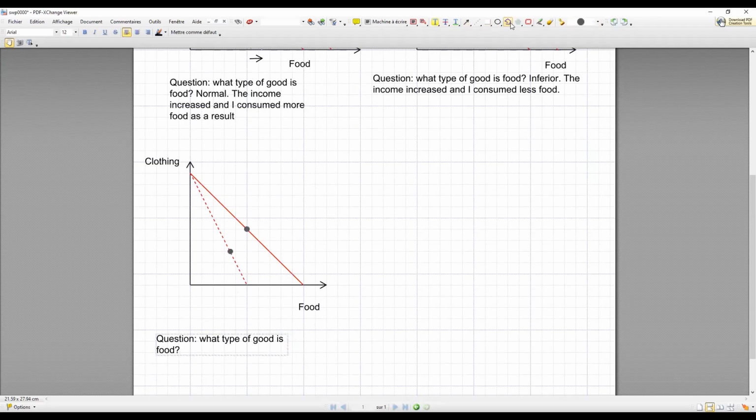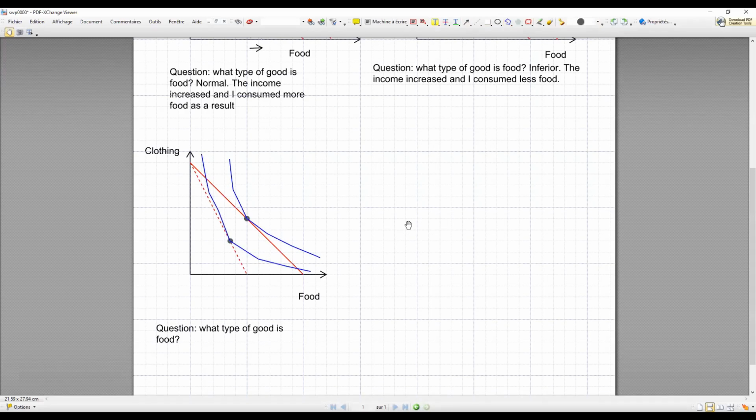So my second budget line. That's a harder one. I think it's Giffen goods, but is it?